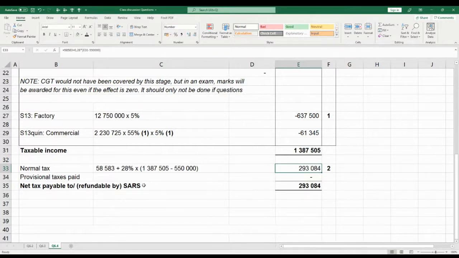Okay, so the sliding scale for this will be provided in a test or an exam. It's generally part of the annexures.